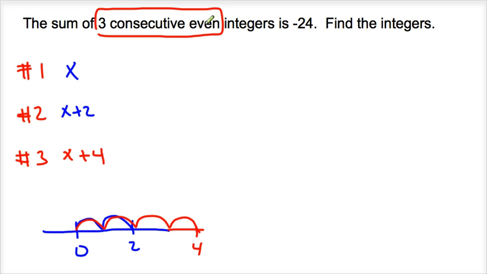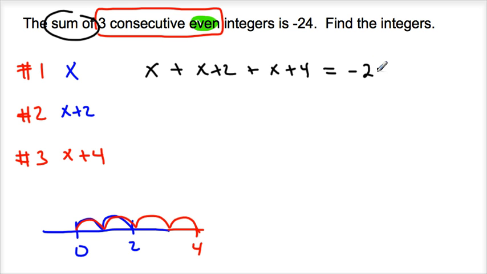So my three consecutive even integers are x, x plus 2, and x plus 4. And whether it's even or odd, it still works out the same way. The sum of these integers, x plus x plus 2 plus x plus 4, equals -24.